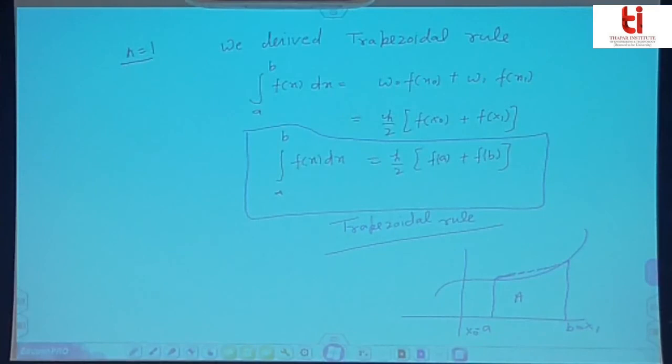This is the actual function f(x), and we approximate it with a straight line P1(x) passing through x0 and x1. The area inside this region can be computed with the formula h/2 times f(a) plus f(b).